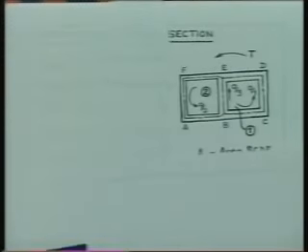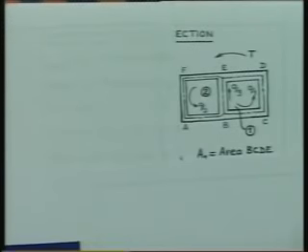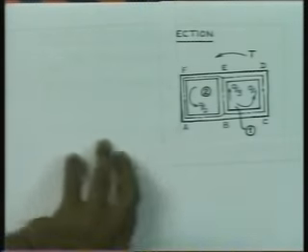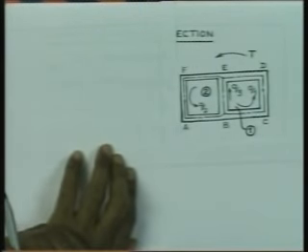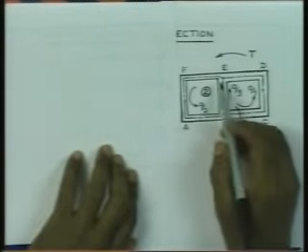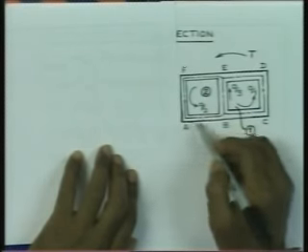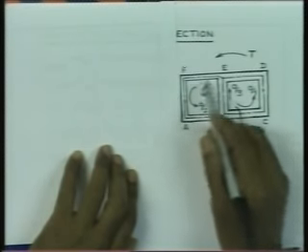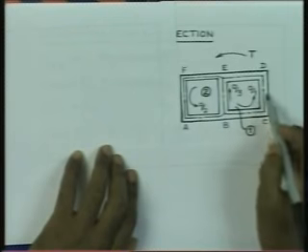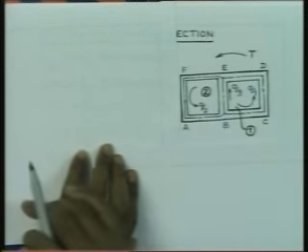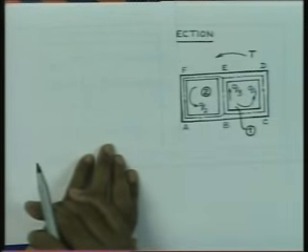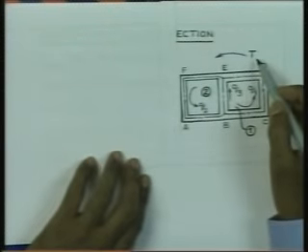Typically, what we are trying to concentrate upon in sections like this, where we have one box consisting of these 4 walls, another box consisting of these 4 walls. The total torque that is acting on the section is T.